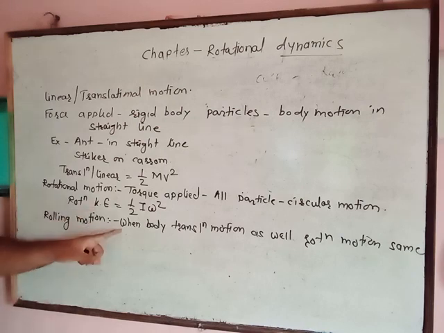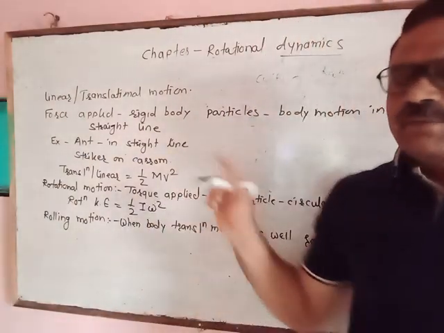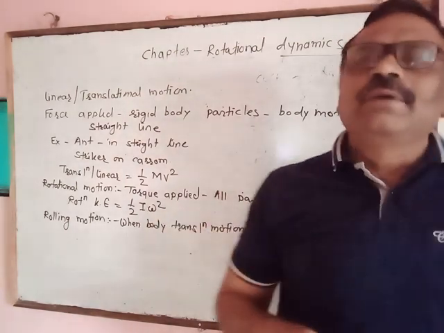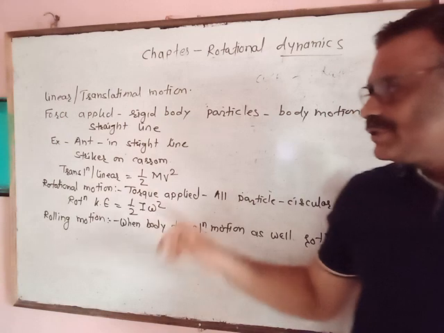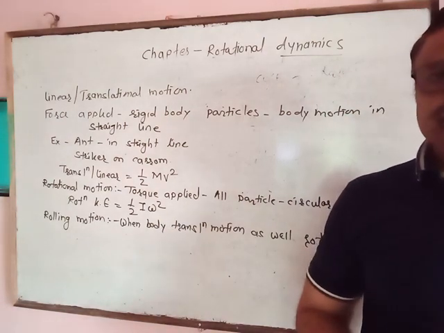The object performs both types of motion at one time. The object performs translational motion as well as rotational motion. Such motion of a body is said to be rolling motion.